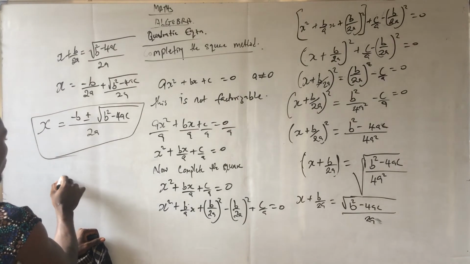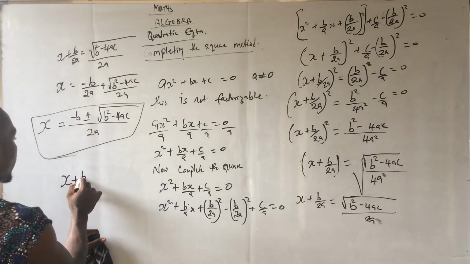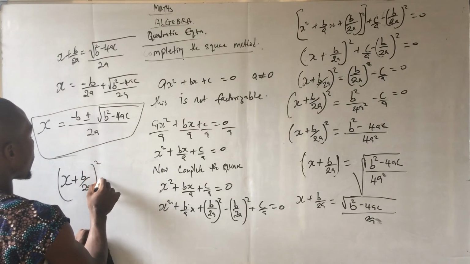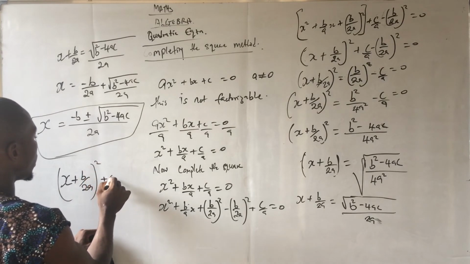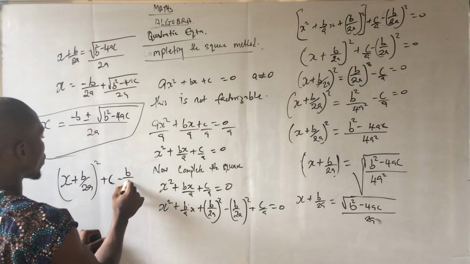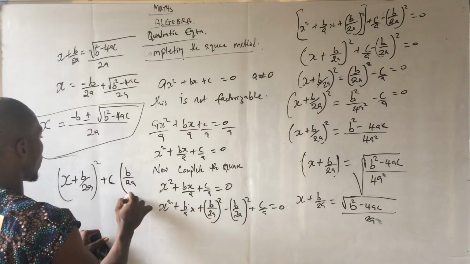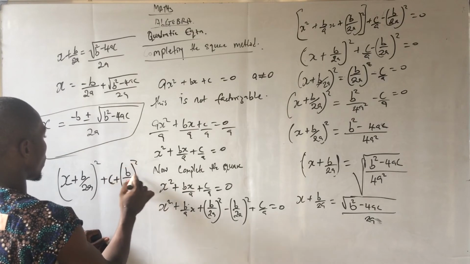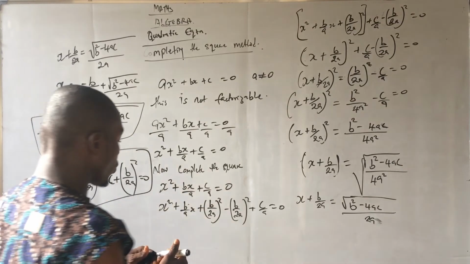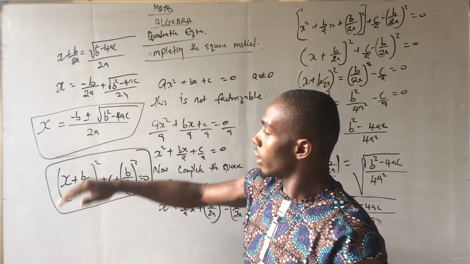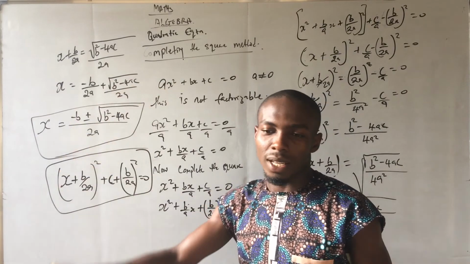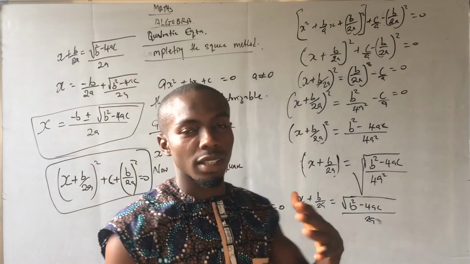Completing the square method is x plus b over 2a raised to the power 2 plus c minus b over 2a. This is the completing the square method, and this is the almighty formula.